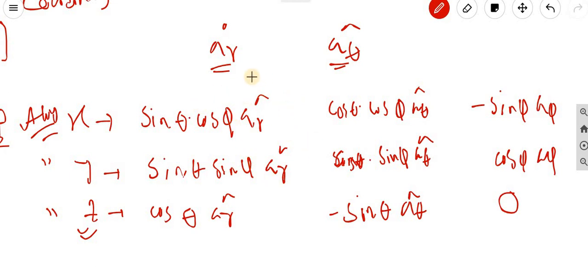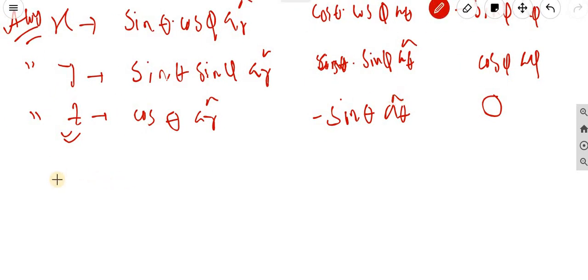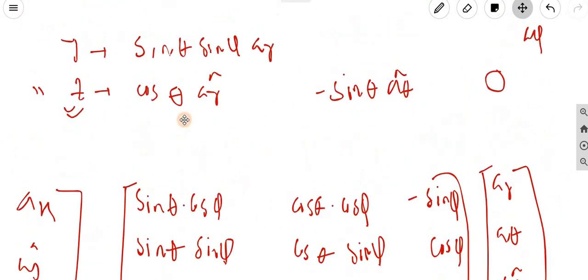Okay. So this is AX, AY, and AZ. We got the segments of this AR, A theta, and A phi. So we can simply write this way.